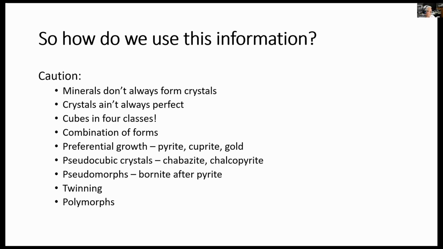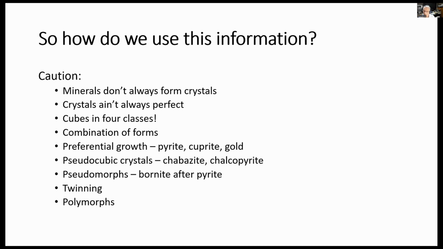Then you get pseudo-cubic crystals such as chabazite, where the angle is slightly under 90 degrees, 89 point something, so the basic form can look like a cube. And of course, chalcopyrite that we mentioned before, which can look like a tetrahedral crystal.